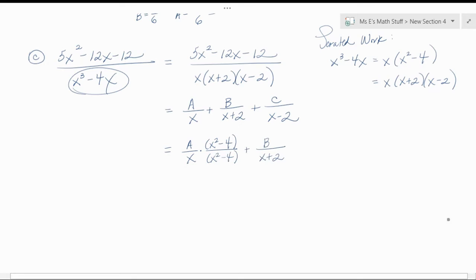And then B over x plus 2 would need to be multiplied by x and x minus 2, also known as x squared minus 2x. And then C over x minus 2 would need to be multiplied by x and x plus 2, also known as x squared plus 2x.